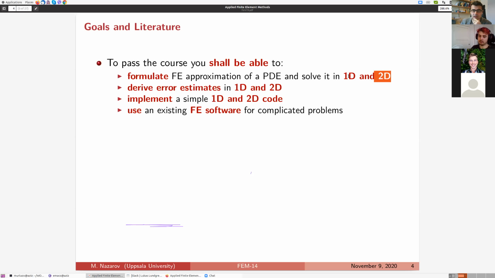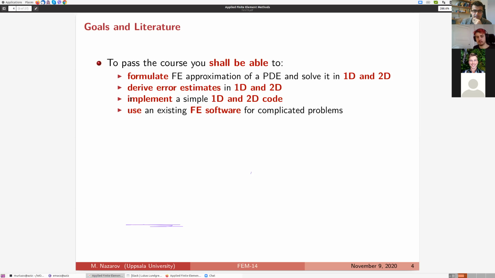If you have taken the BV3 course, you already know how to do it in 1D, but this is going to be an extension to 2D. Then we talk a lot about error estimates. We're going to talk about a priori estimates, a posteriori estimates, etc. This was not covered in the BV3 course.